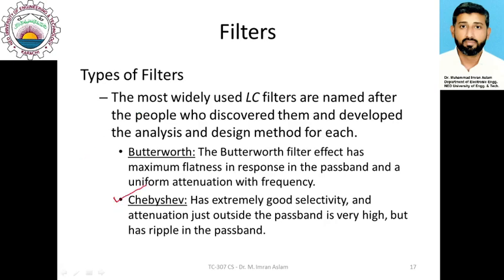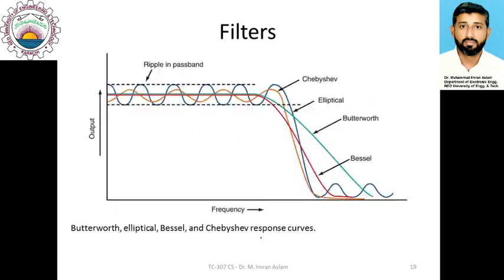For example, another filter is named the Chebyshev filter. This filter has extremely good selectivity, in that it attenuates the response outside the pass band, meaning the stop band is quickly attenuated, but it has a drawback as well, that it gives ripples in the pass band. Let me quickly show the response of the Chebyshev filter.